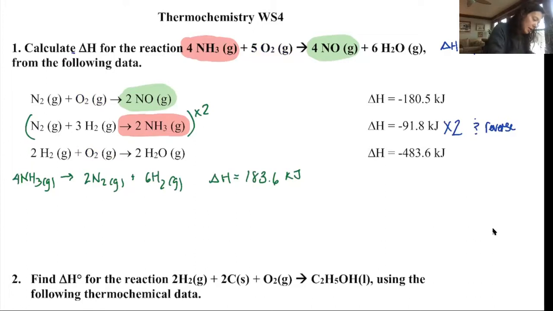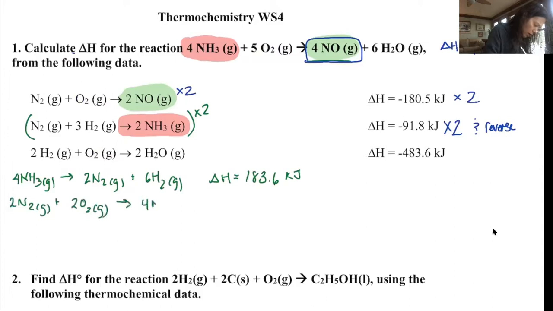And what I see is I need 4 nitrogen monoxides produced. This reaction gives me 2 produced, so I will need to multiply this by 2, but I do not need to flip it. So let's rewrite that, and we end up with 2N2 gas plus 2O2 gas yields 4NO gas, okay?